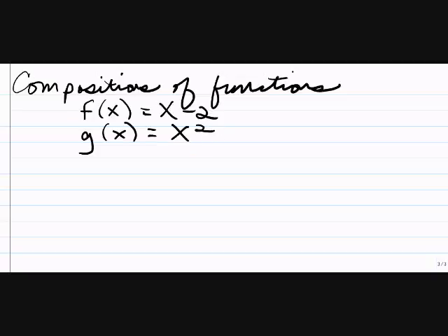Now this new operation, called a composition, you might write as f parentheses g parentheses x, or it can be written as f composed, a little o, g.